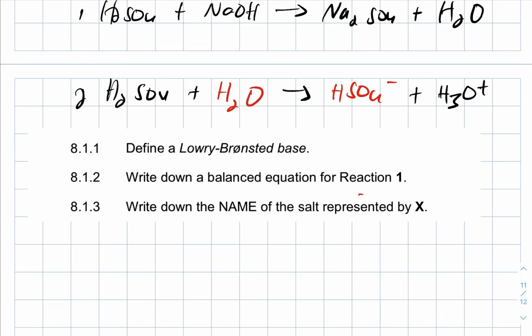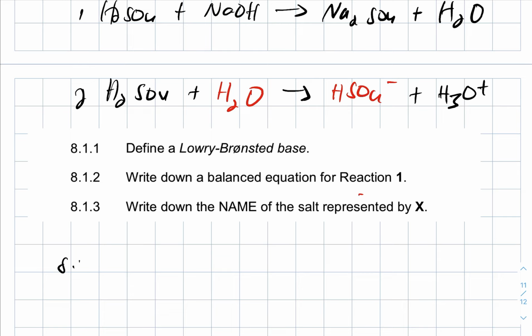The first one is the Arrhenius acid-base model, and the second one is the Bronsted-Lowry or Lowry-Bronsted acid-base model. These models define a base and an acid in different forms. But in this case, they want us to define this one.